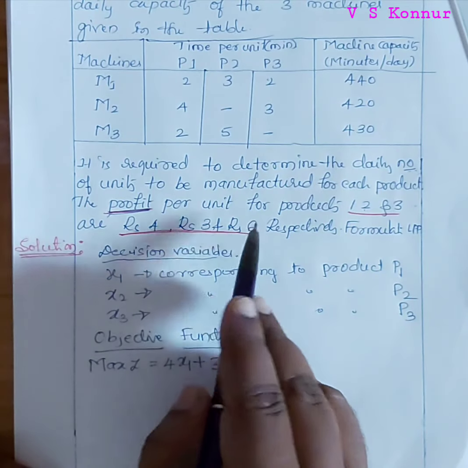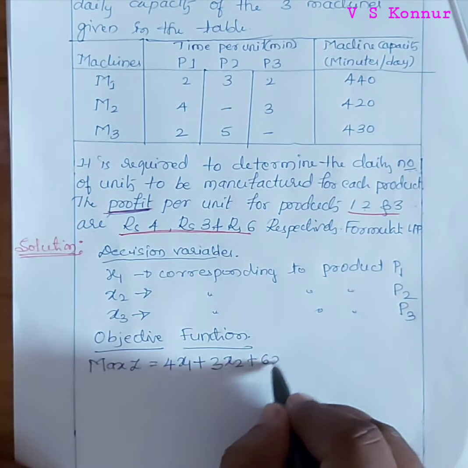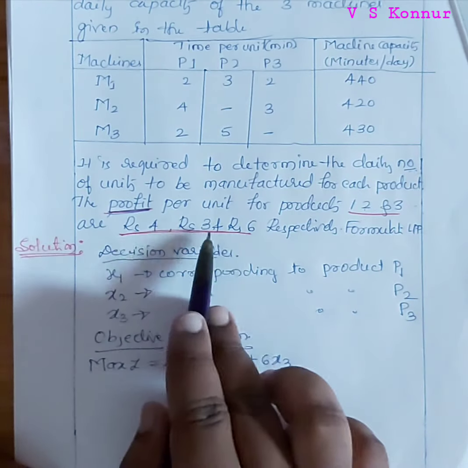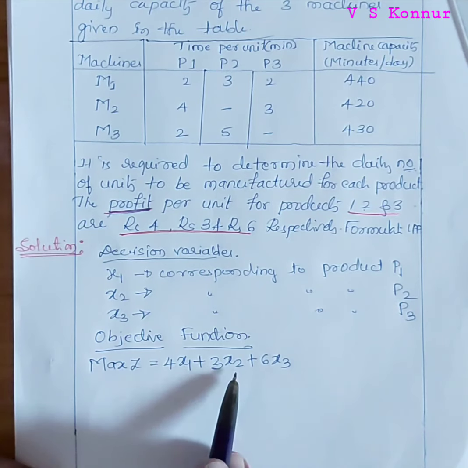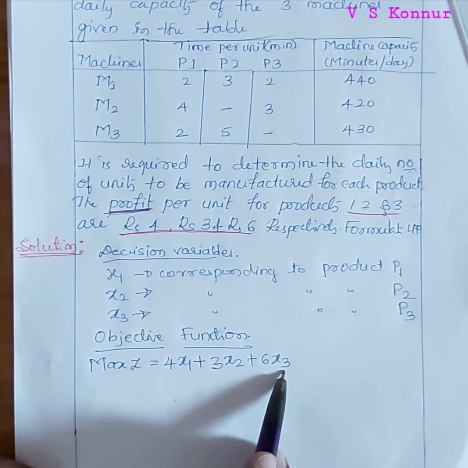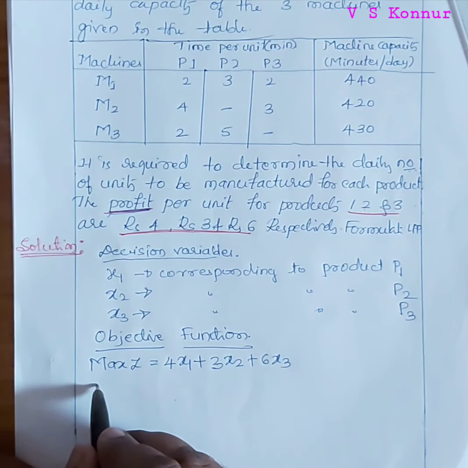Then rupees 6 for product 3, plus 6X3. 4, 3, 6. X1 is product P1, X2 is product P2, X3 is product P3. So this is the objective function. Max of Z, it depends upon profit. Then we have to define constraints.